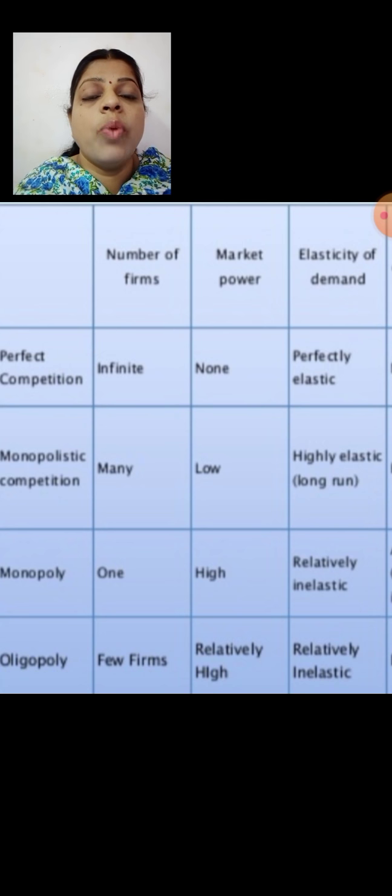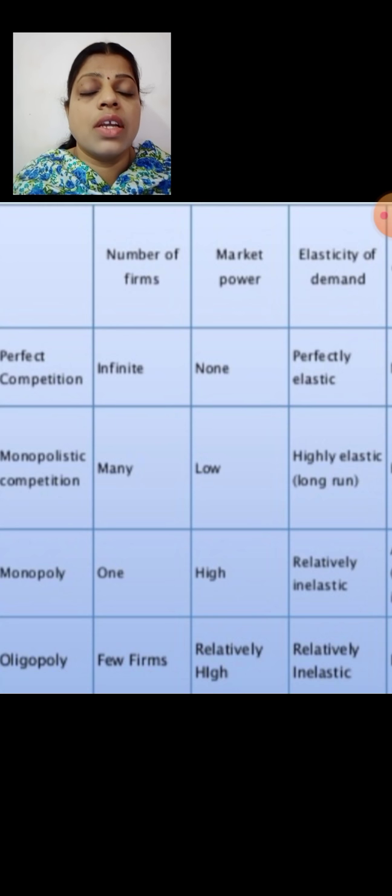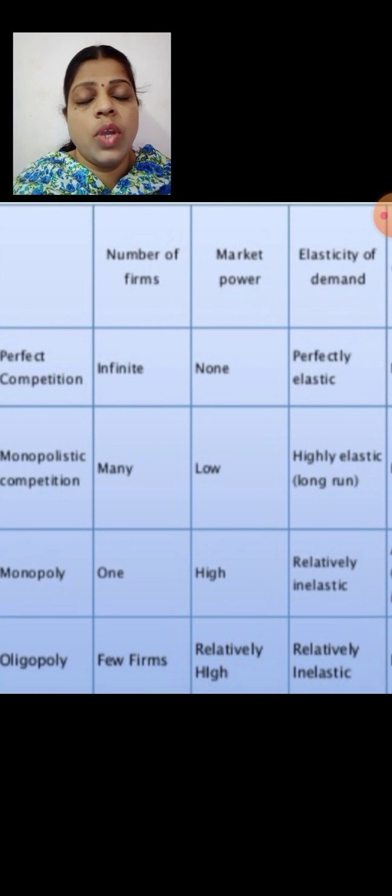Then oligopoly, that is also relatively high. That means here there are only a few firms, so they can influence the market. So market power is relatively very high in the oligopoly.